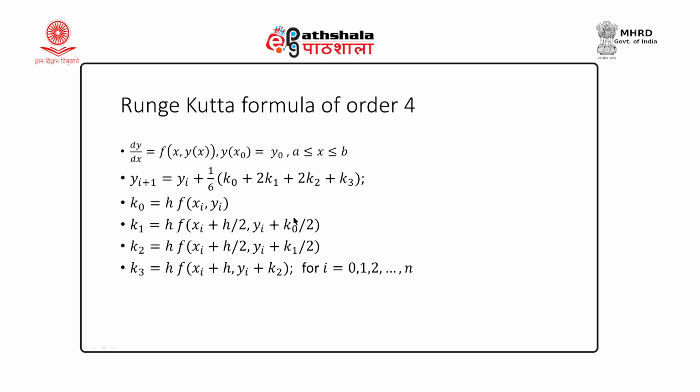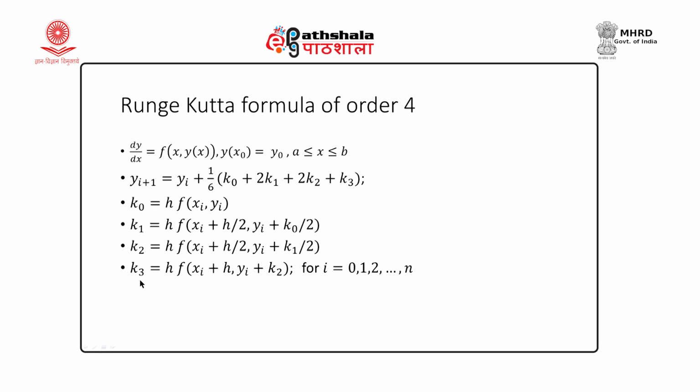Now, we know k0 and k1, k2 is determined by h f x i plus h by 2, yi plus k1 by 2, and k2 is known, k3 is h f x i plus h and yi plus k2. So, we need 4 function evaluations, f x i yi, f x i plus h by 2, yi plus k0 by 2, f x i plus h by 2, yi plus k1 by 2 and f x i plus h, yi plus k2.